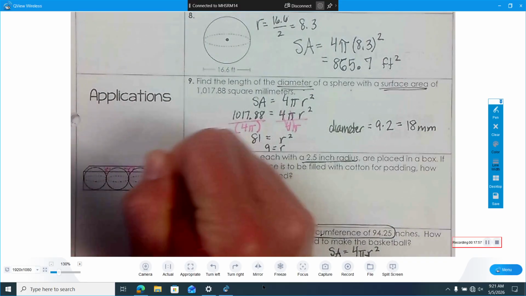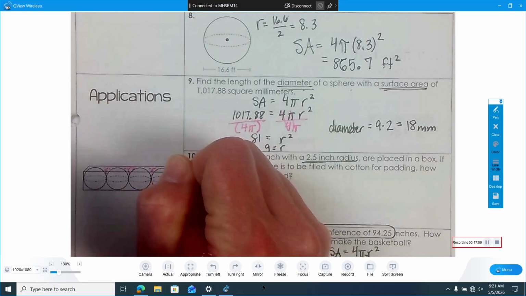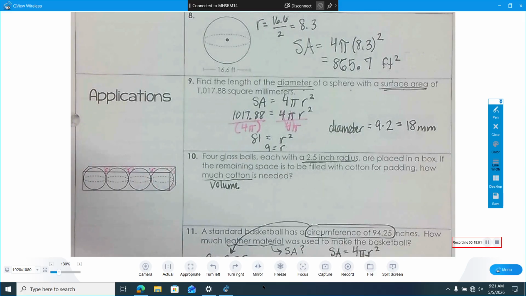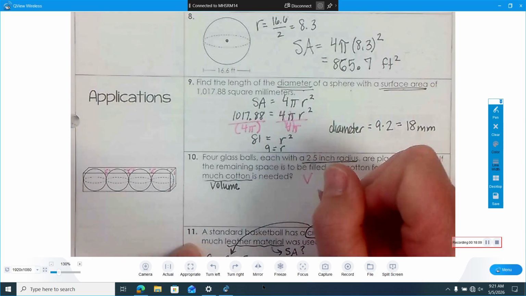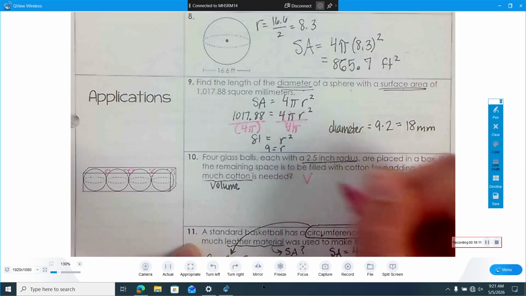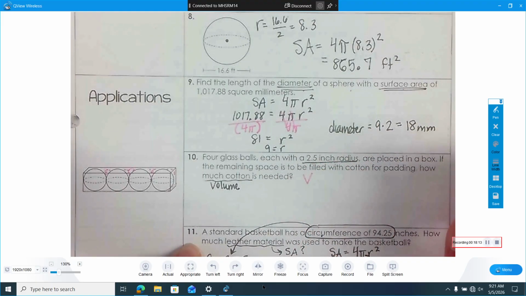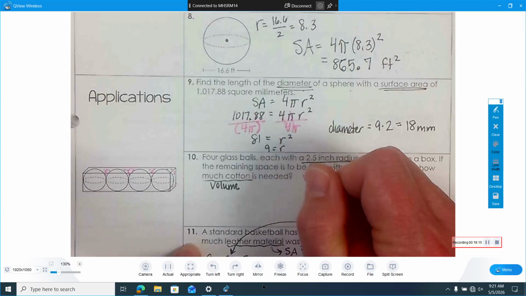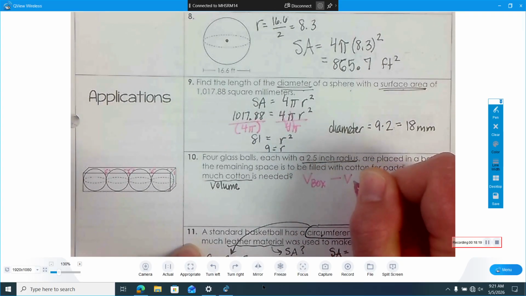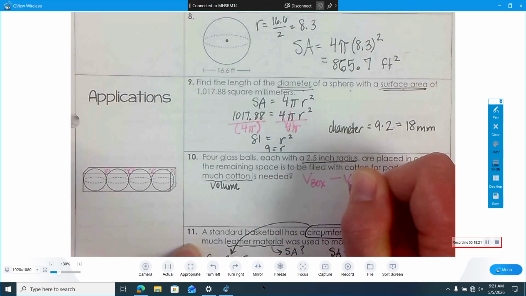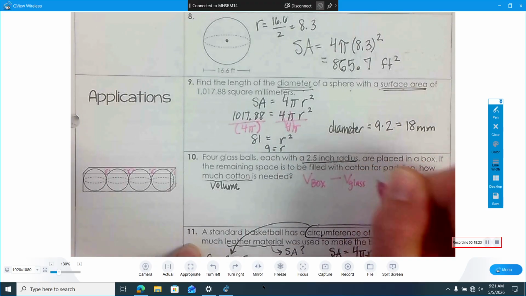How do we find how much vacant space there is? Subtract. Very good. We need to subtract what? The volume of the circles from what? The volume of the box. Yeah, so we want the volume of the box minus the volume of the glass spheres, okay?